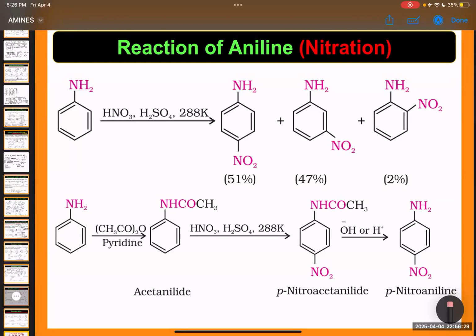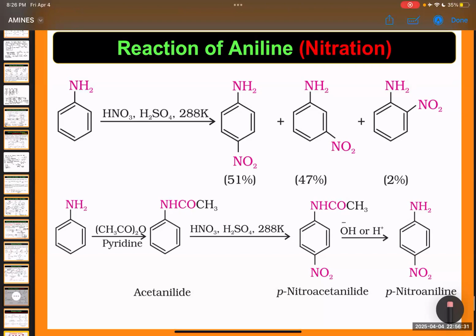And the next reaction is nitration of aniline. So first of all, what happens upon nitration? If we carry out the nitration of aniline, what happens? NO2 group gets attached. You take the nitrating mixture, HNO3 and H2SO4, and heat it.